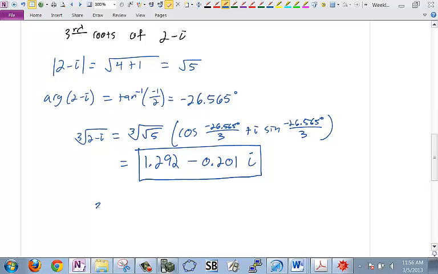So my next root is going to be the cube root of the square root of 5 cosine of, we'll say negative 26.565 degrees over 3 plus 120. I don't really feel like calculating what that is, because I don't really care. It's a 111 something, yeah?